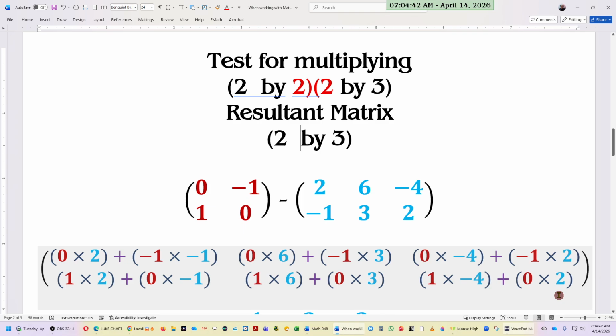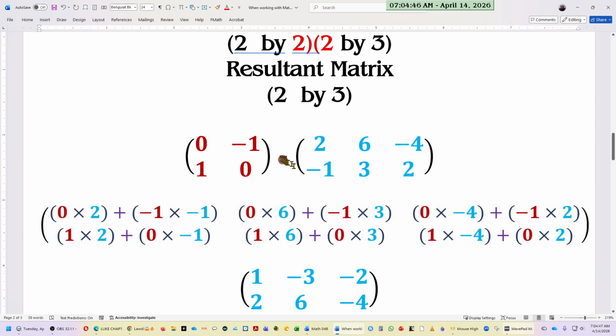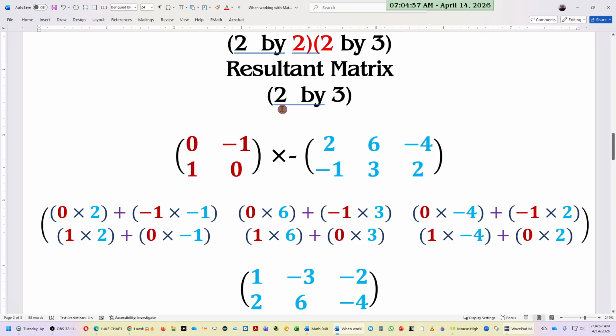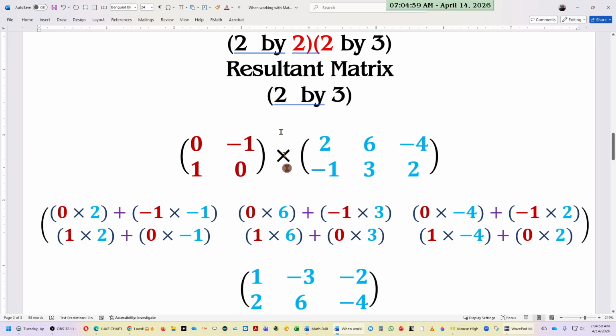I use the color to help us to see this a little bit better. And it shouldn't say minus. That should be a multiplication sign. Okay, because we're multiplying, we're not subtracting.